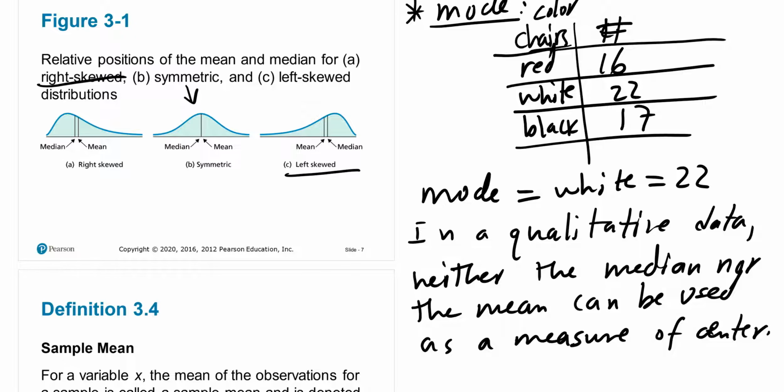Okay? Because we can't calculate the mean or median for qualitative data. We can only do it for quantitative data.